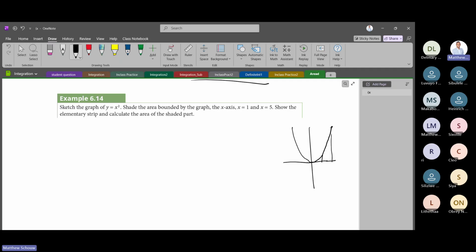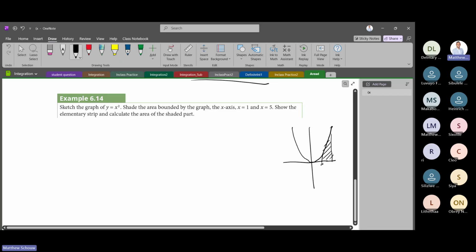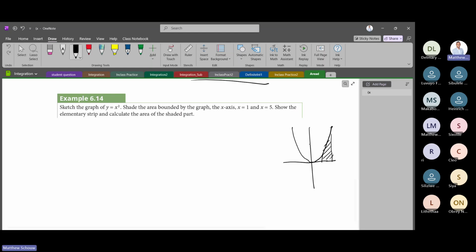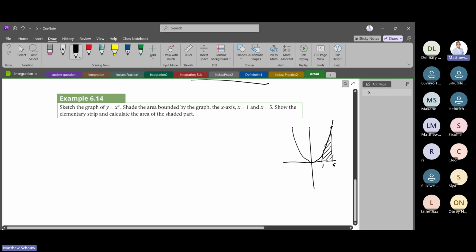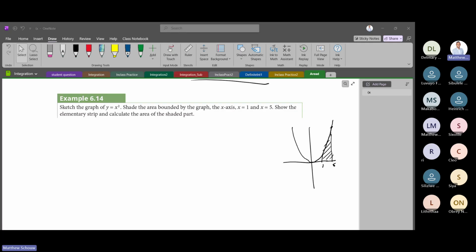So they just want this area here. Let me just call that 1 and then 5. They just want that piece, this portion over there, just that. By the way, you can integrate inside there as well. But let's just keep it simple for now.